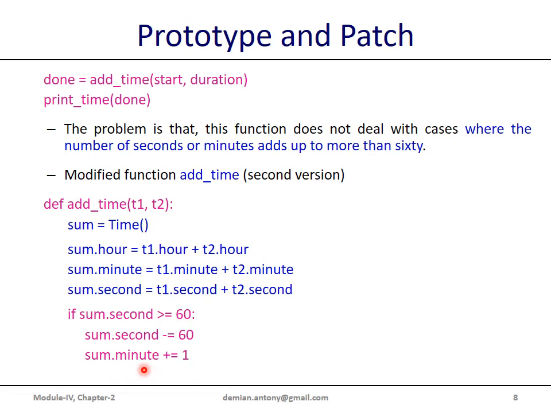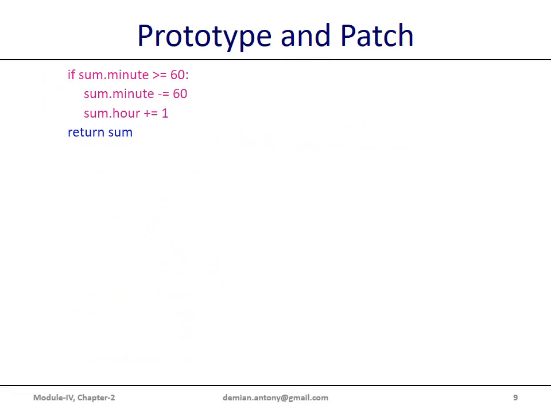We have to increment the minute as well as reassign the seconds as the remainder after subtraction, the result of the subtraction. Similarly, we have to do the same for minutes: you change the minutes by subtracting 60 and we increment the hour. Now this prototype handles these two complications.